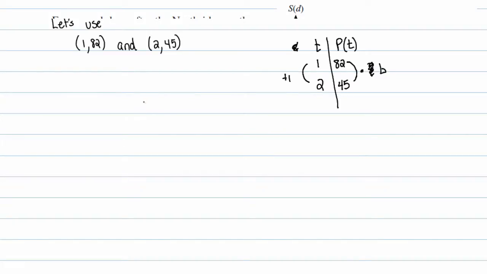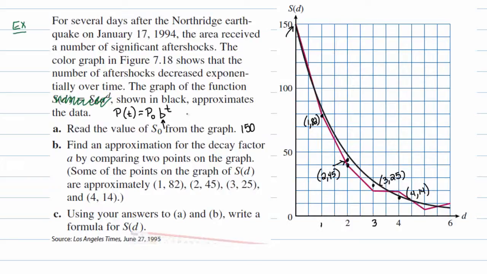So let's see. 82 times what number is equal to 45? Well, let's find out. Let's divide both sides by 82. 45 over 82. Let's see if that reduces, which it doesn't. I don't see anything in common here. So this tells me that the base is 45/82. Let me go ahead and go back to the previous page. I see the decay factor is 45/82, so that's what b is.